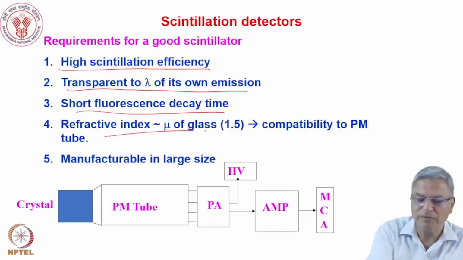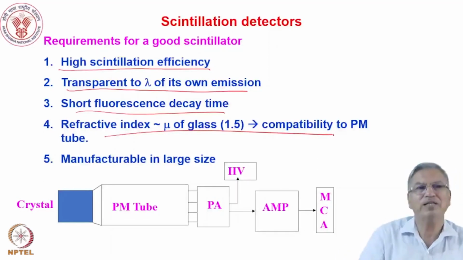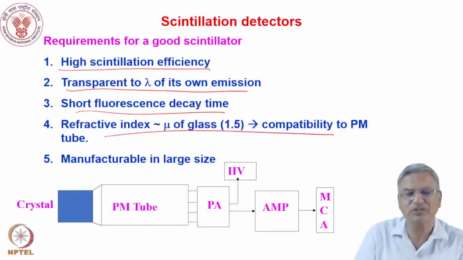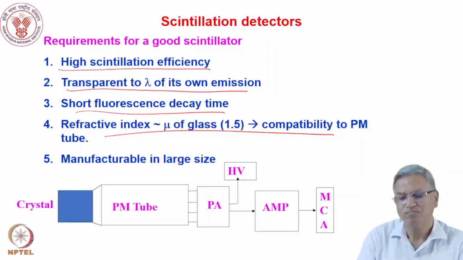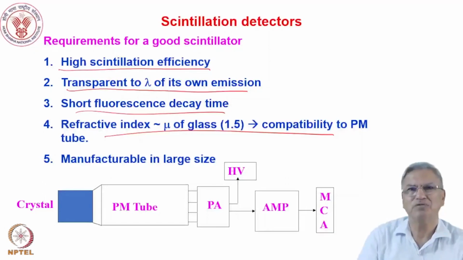Fourthly, to make it compatible with the PM tube, we require that the refractive index of the crystal should be of the same order as glass, because the PMT has a window made of glass. Sometimes you have UV radiation being emitted, so you require UV transparent PMT windows.